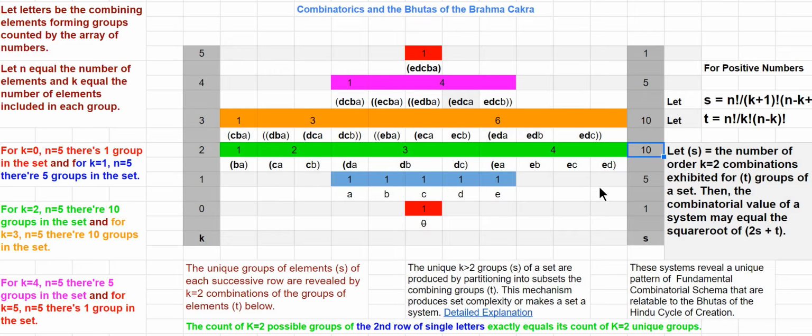So, limiting the k equal 2 groupings to elements included in the subsets with the count 1, 2, 3, 4 produces the exact count of k equal 3 groups.